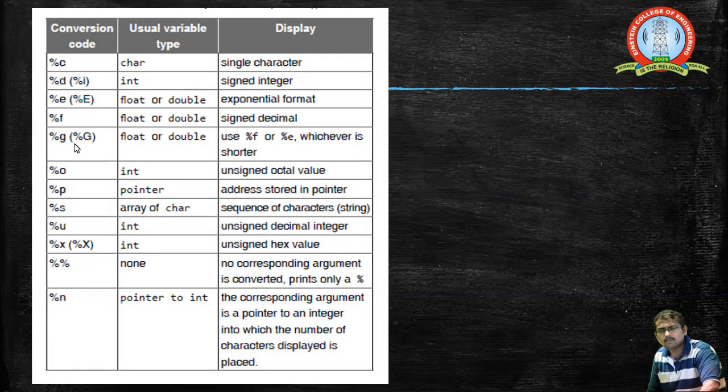Now these conversion codes, this table we might have already seen in class. %c stands for a character, and %d or %i we can use for an integer, or we can use %e or capital %E for an exponential format. %f we normally use for a float, and when we want an unsigned decimal integer we use %u, and normally for pointers we may use %p.